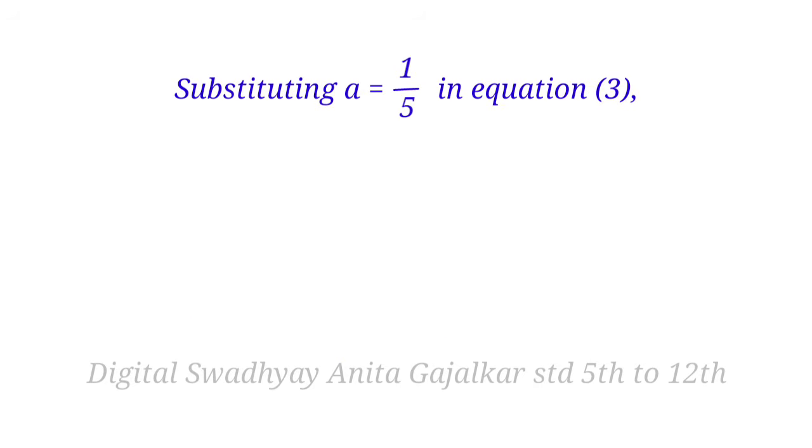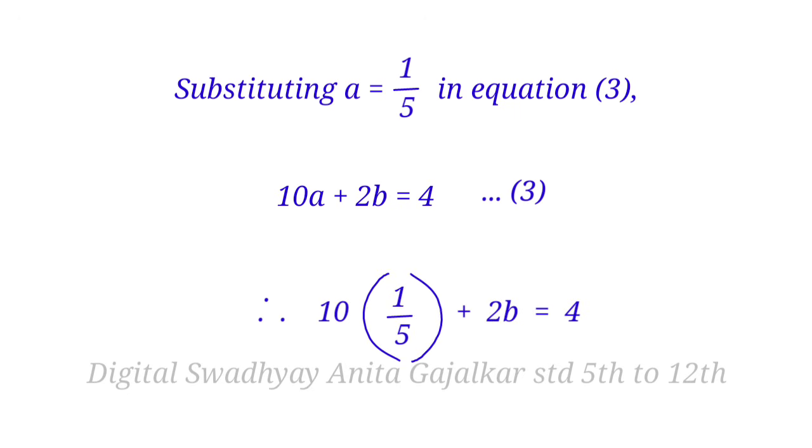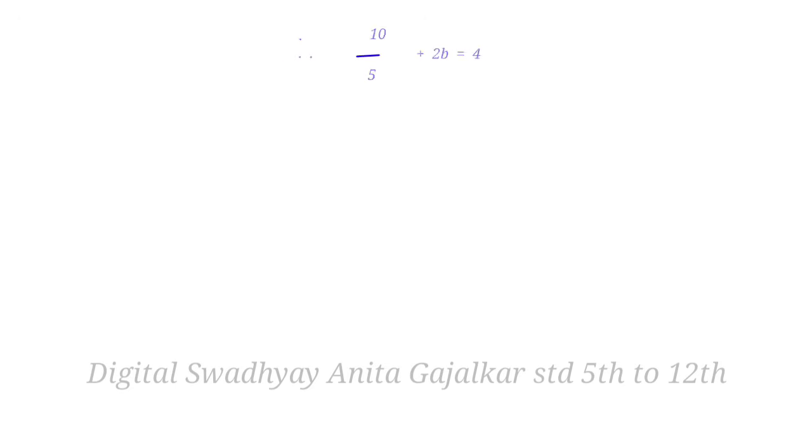Substituting a equal to 1 by 5 in equation 3. Equation 3 is 10a plus 2b equal to 4. Therefore, 10 into 1 by 5 plus 2b equal to 4. Therefore, 10 by 5 plus 2b equal to 4.